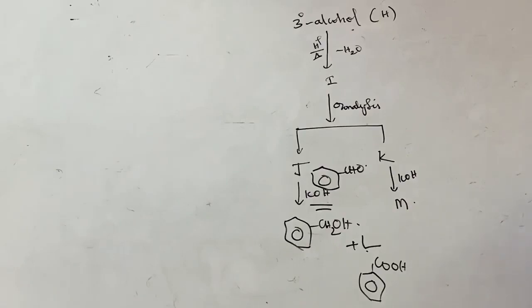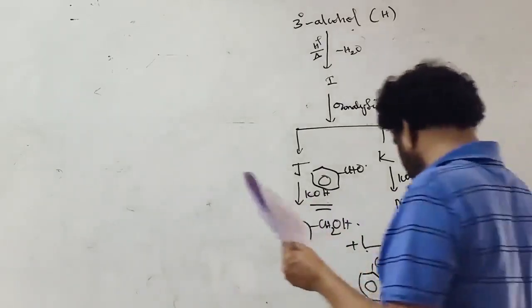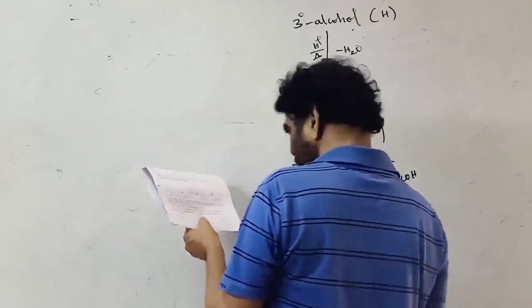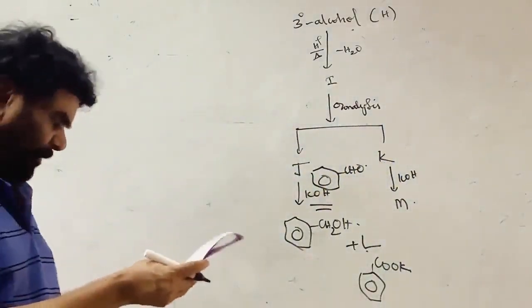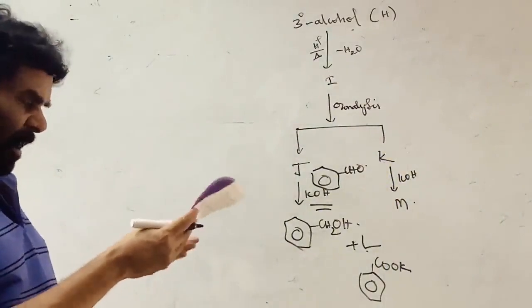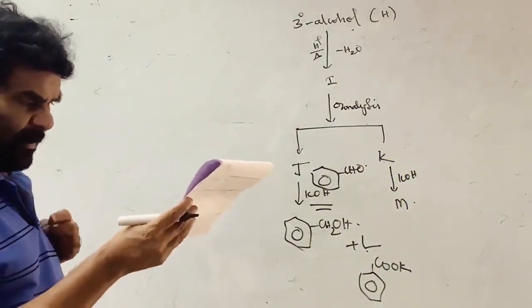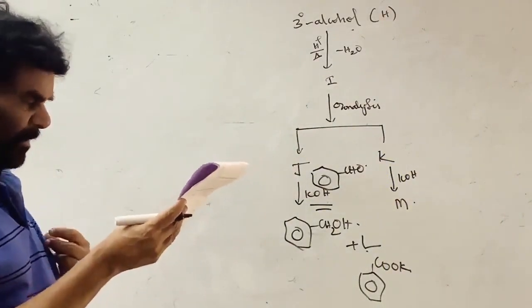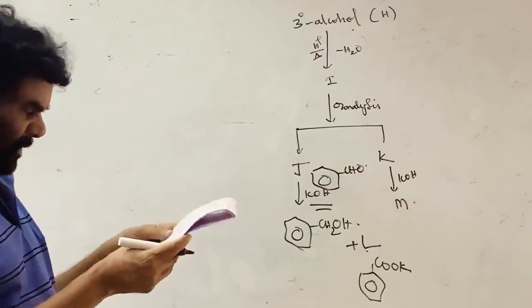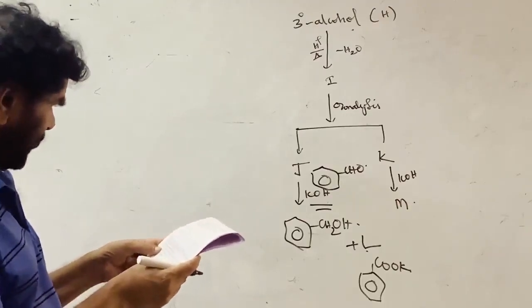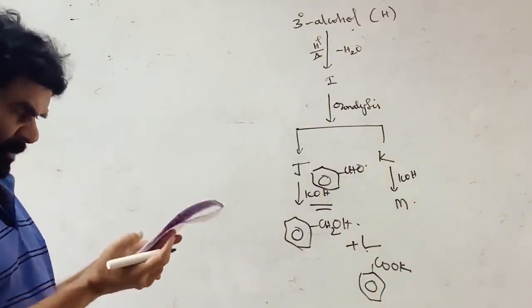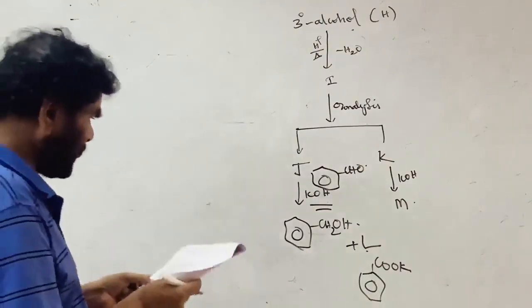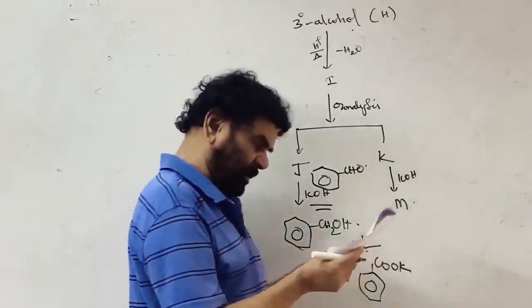Potassium hydroxide, potassium salt of benzoic acid, benzyl alcohol. The combination is matched. The combination is alcohol. What is he asking? What are the J, benzaldehyde, benzyl alcohol, right?